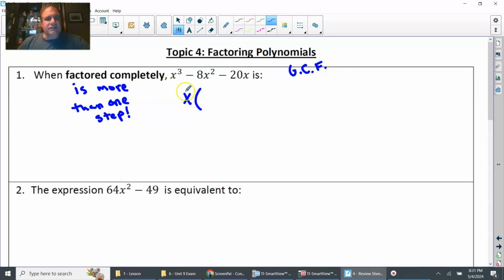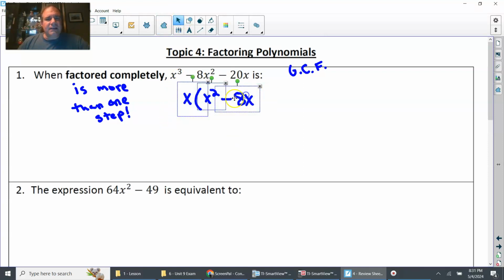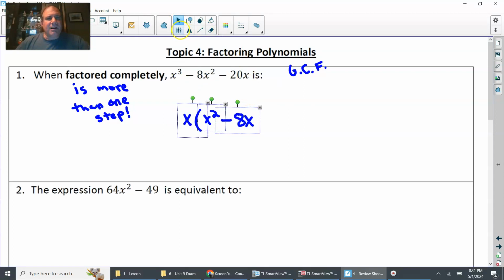So inside, X times 1 equals X to the third, X to the second. X times X to the second equals X to the third. X times what equals negative 8X squared, negative 8X. So just remember, you could, if you want to, divide each term by the greatest common factor.